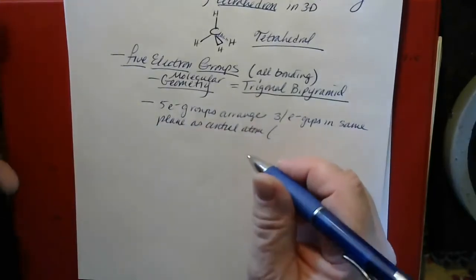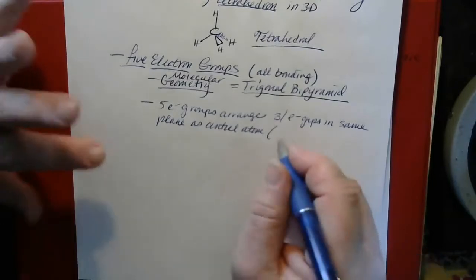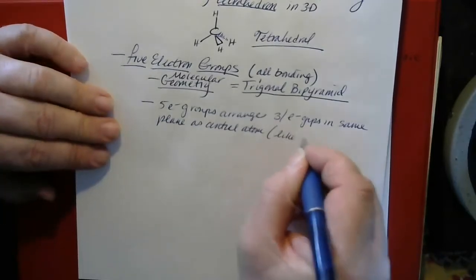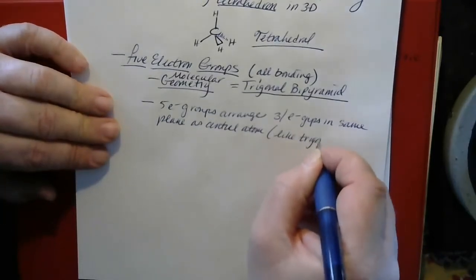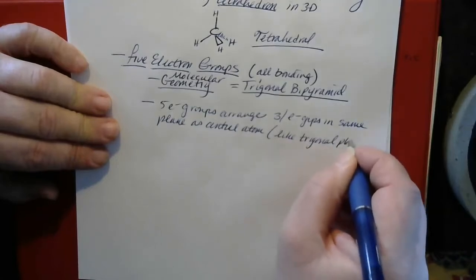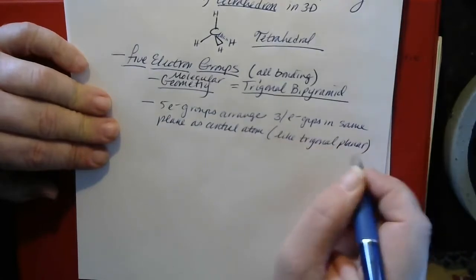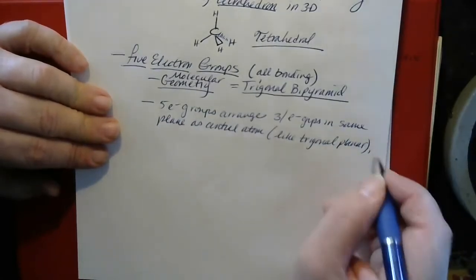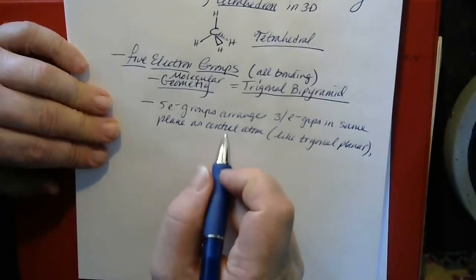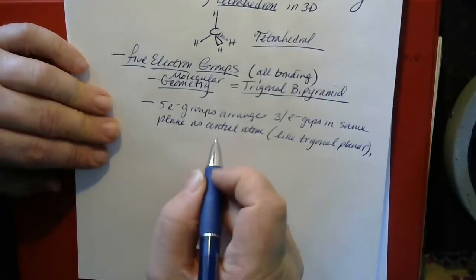And this part of the molecule is pretty much trigonal planar. But also you have 1 electron group directly above the central atom and 1 directly below it.